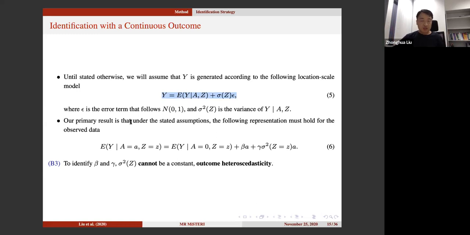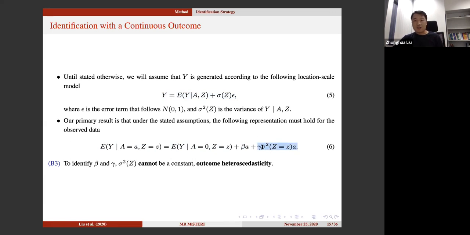Our primary result is that under those assumptions, the following representation must hold for the observed data. You can see the conditional mean of Y among A equal to 1, for example treated, conditional on Z, is equal to the conditional mean of Y among the untreated, conditional on the IV Z, plus the causal effect beta, plus the bias.